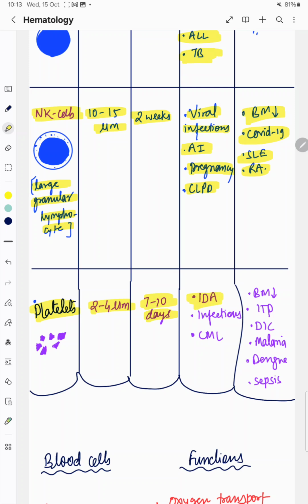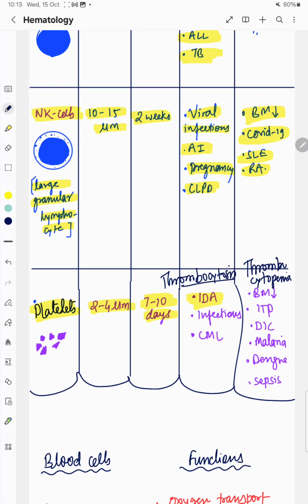The condition of increased platelets is known as thrombocytosis, and decreased platelet condition is known as thrombocytopenia.